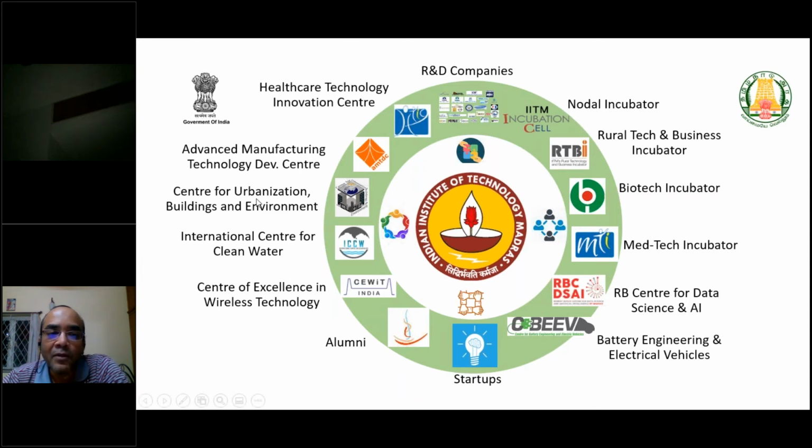The Center for Urban Development, for buildings and the environment, focuses on smart city-based technologies. Manufacturing is looking at using robots as well as smart manufacturing and IoT-based design techniques. And the Healthcare Technology Innovation Center focuses on coming up with healthcare innovations in the country.